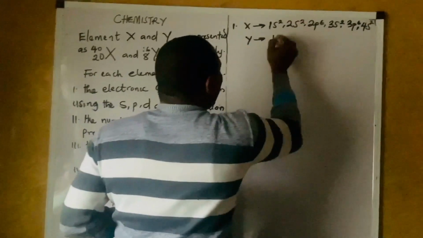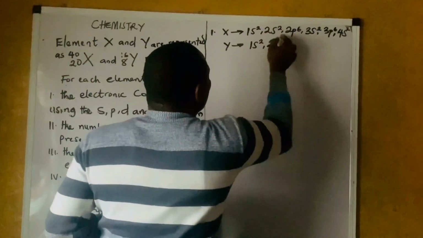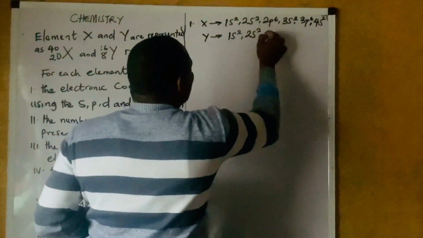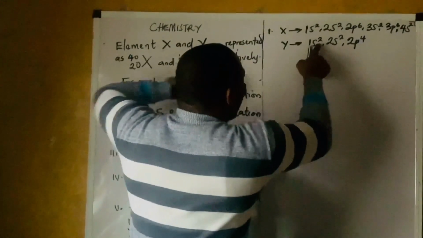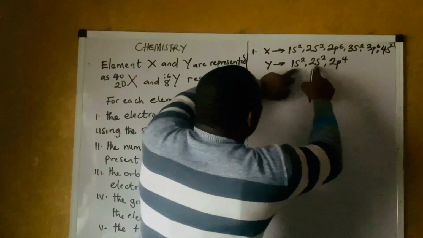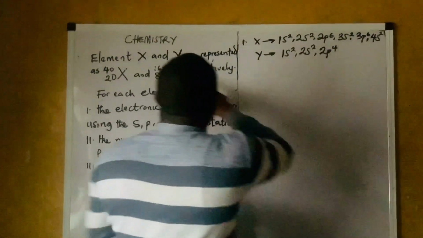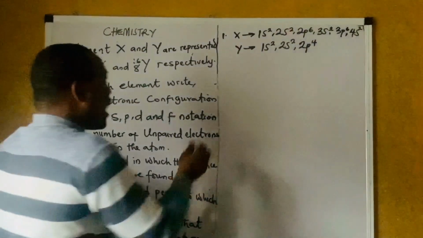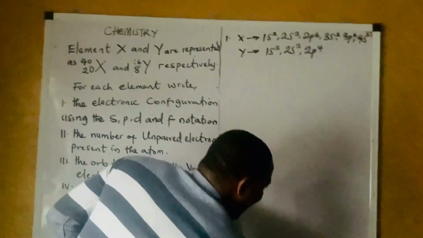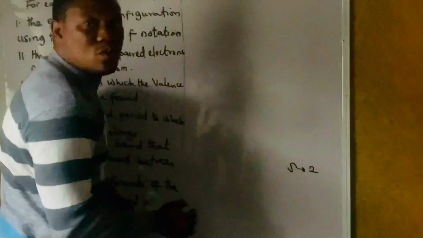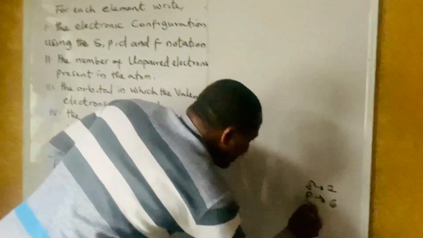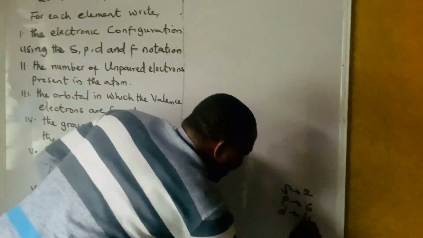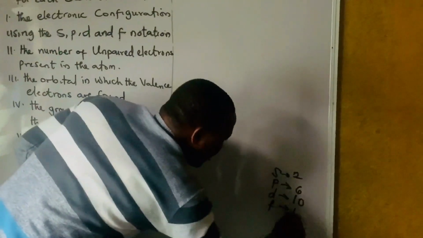So we have 1s2. We have 2s2, that will be 4, then we have 2p4. You know, this is atomic number 8. 1s2 exhausted, 2s2 exhausted, then 2p4, because the number of electrons remaining is not up to 6 again. Don't forget that S can contain a maximum of 2 electrons, P can contain a maximum of 6, D can contain a maximum of 10, and F can contain 14.